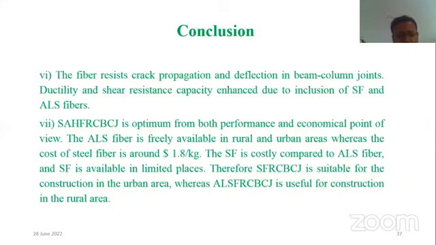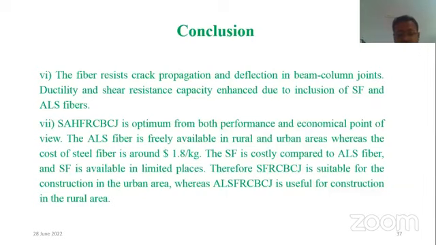So in case of rural areas, if there is no steel fiber available, or due to the economical point of view, the Eri silk fiber can be a better choice, better than the reinforced concrete beam column joint without fiber.